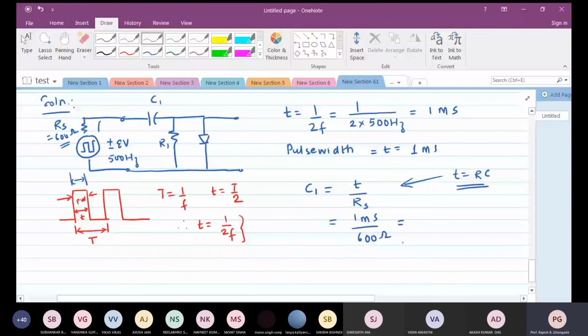Come on, guys, be fast. So 1.67 microfarad. So I can say it to be about 1.7 micro. All right. So you have done the first.